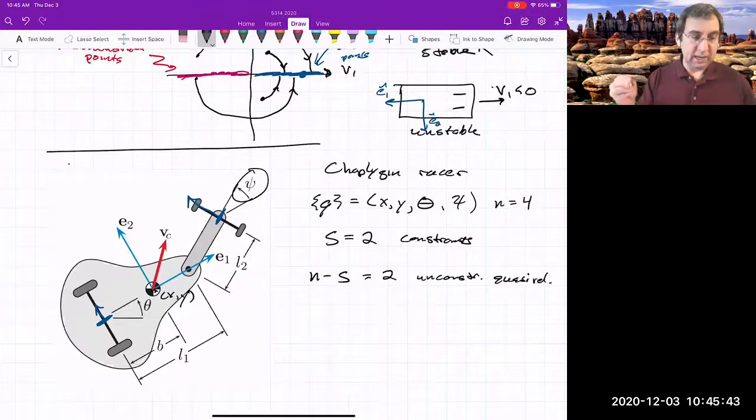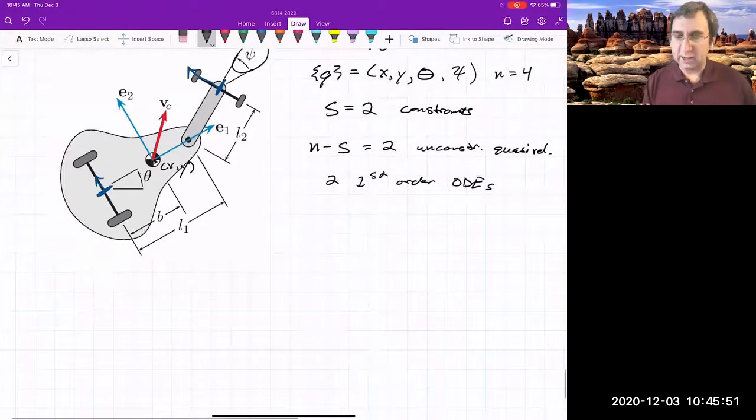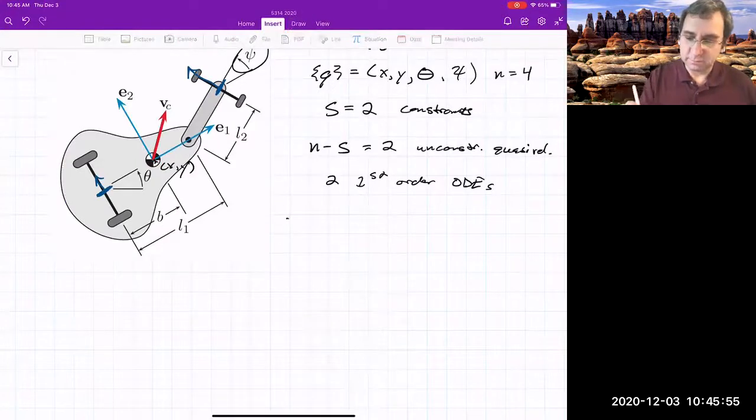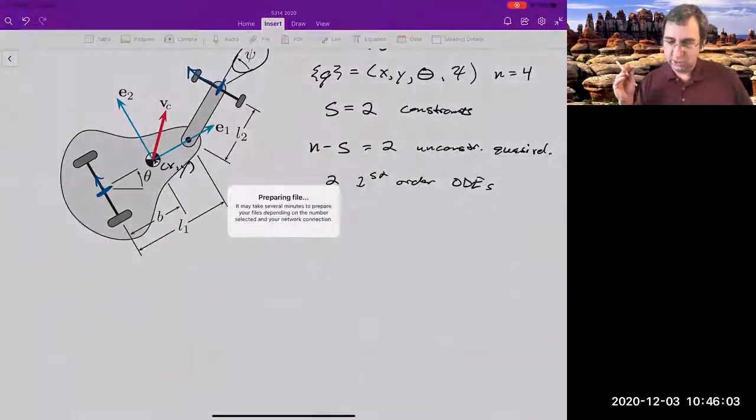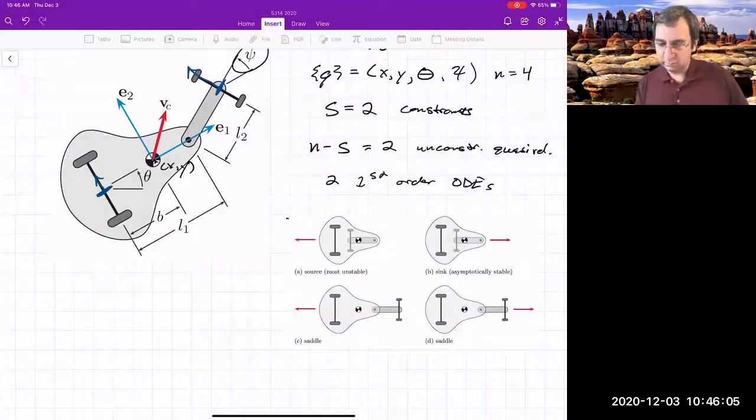Which is a big savings. That means you just have 2 first order ODEs, which if you analyze those, you'll see something. There are actually 4 equilibria.